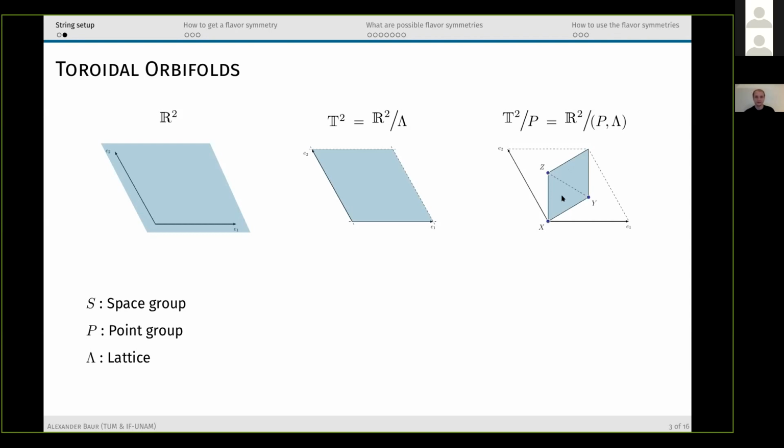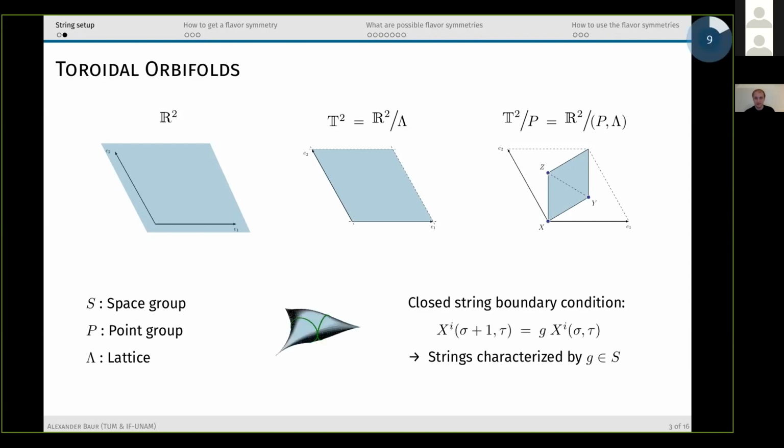Okay, and now you might ask, how can strings live on those orbifolds? Since we're doing heterotic string theory, we only have closed strings, and now closed strings always have a boundary condition. Now, because we are on an orbifold, in these extra dimensions, the strings cannot close up only trivially, the usual boundary condition, but they can also close up to a space group element.